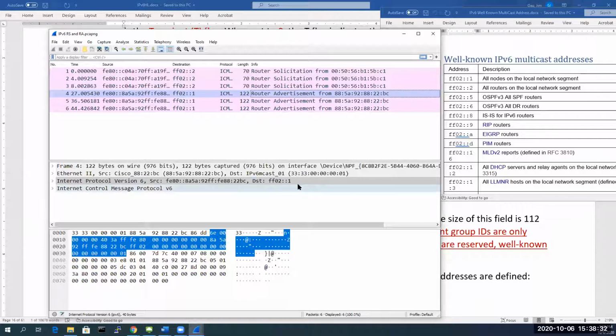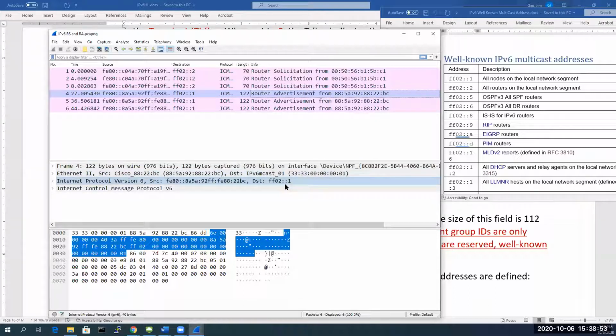So everyone will subscribe to 33:33:00:00:00:01 on this MAC address. When this packet is sent to the switch, it's going to forward it to every single one, and you will receive your multicast address.